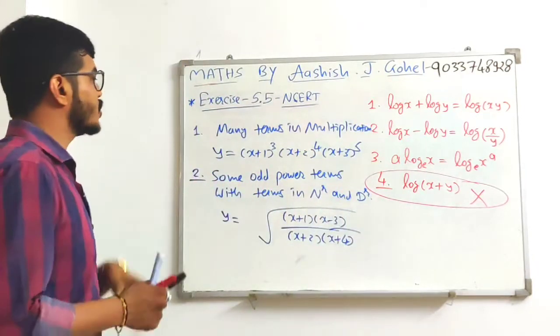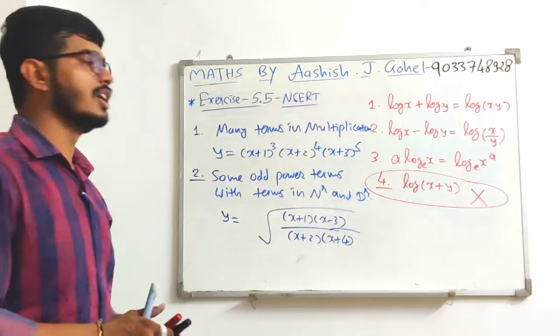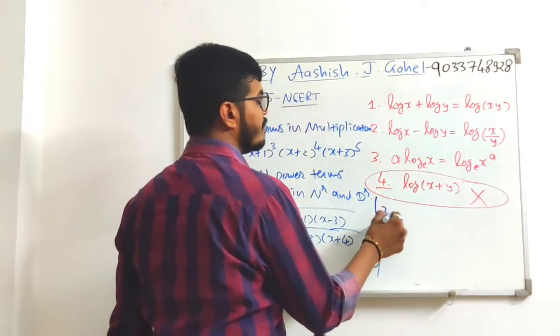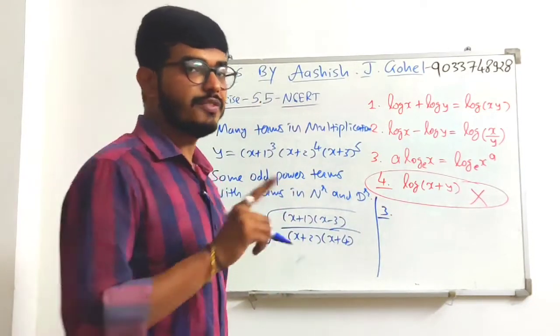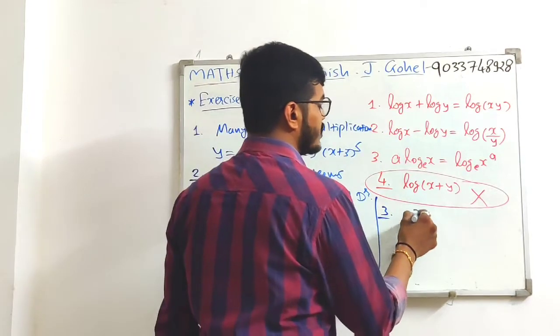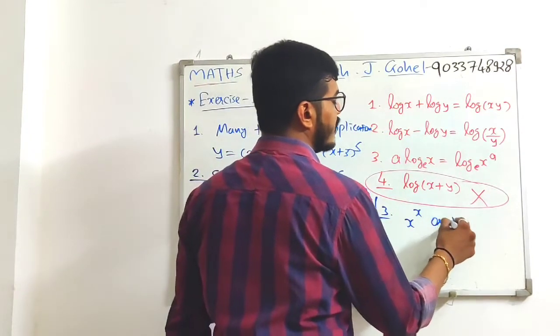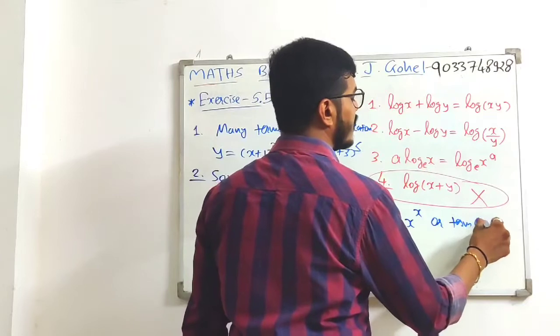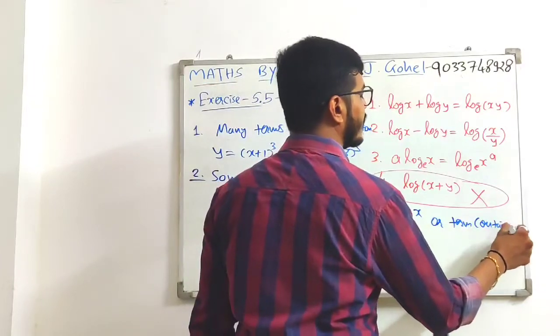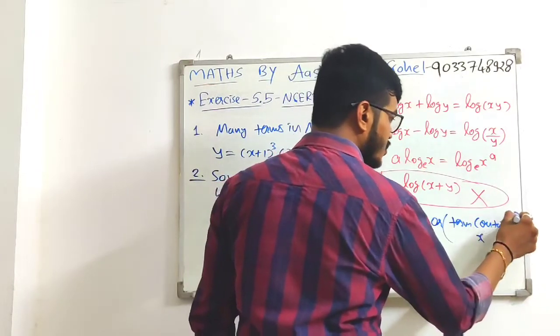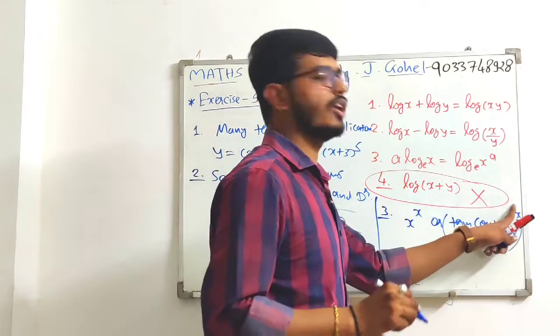Okay, so these are two types, and then the third one, which is the most important: if you are given x raised to x, or a term containing x raised to x, or here a function of x.